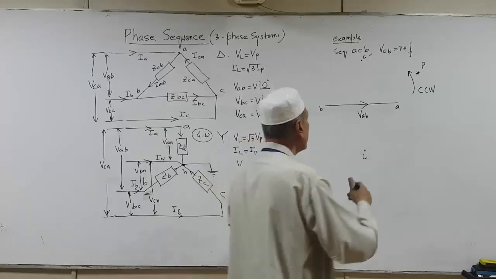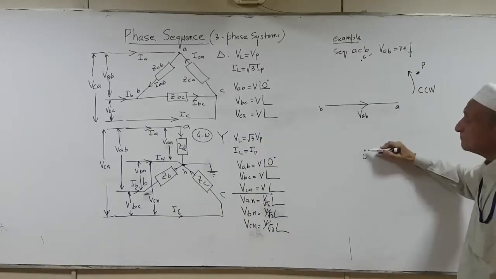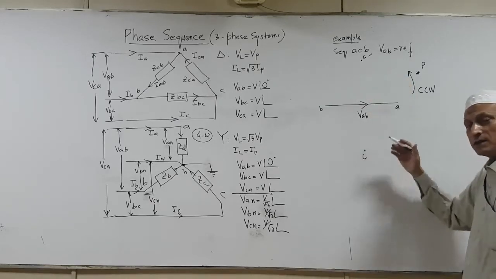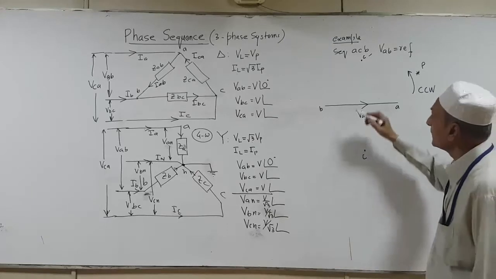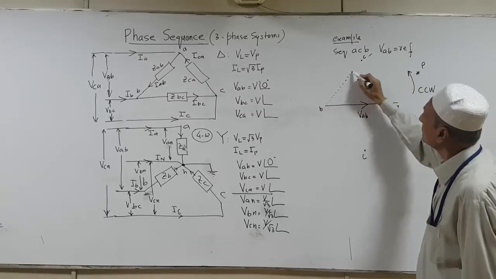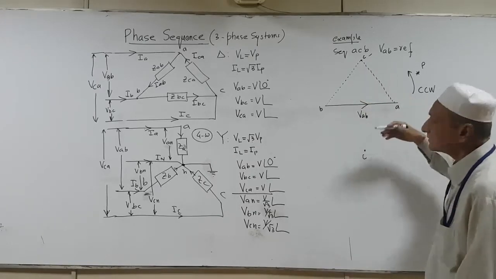Now the second step is placing point C, the missing point, either above or below, and then we go to the next step, in which we complete the equilateral triangle. Let's say we complete the upper triangle.